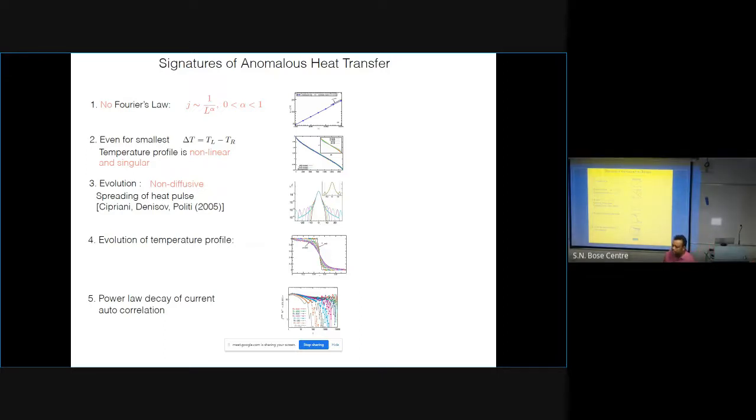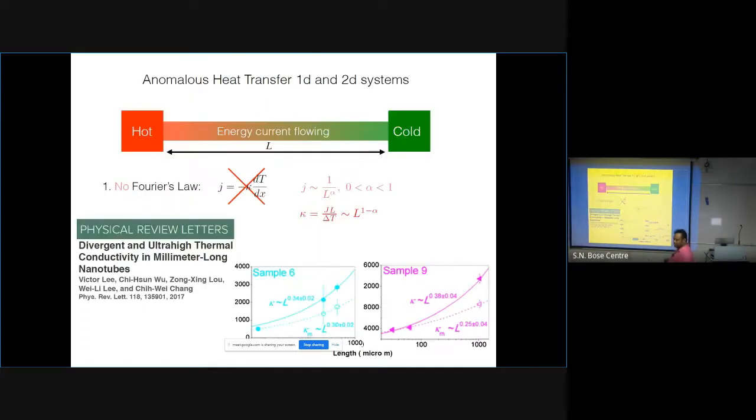Whatever experiments were done in these studies, are they only for heat transfer, or has electrical transfer also been done? So these are energy transfer. Not for electrical. But is there any sense in asking whether electrical transfer will also show anomalous properties?